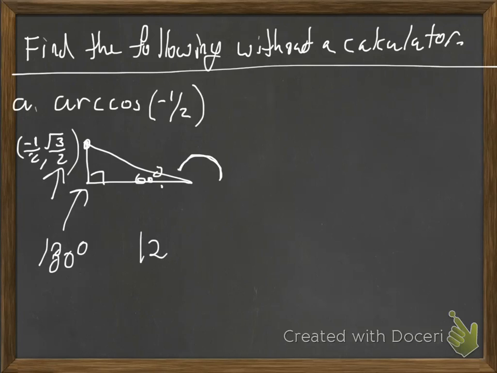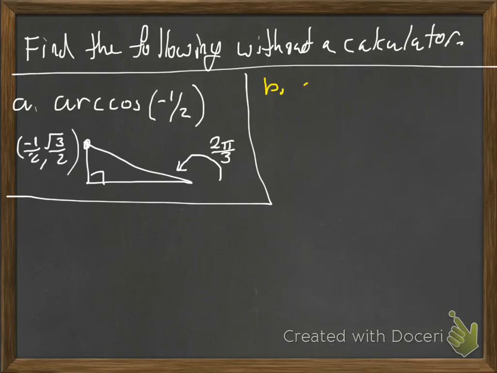So 120 degrees times, remember desired units on top, so conversion is pi over 180. So this will give me 2 pi over 3. So that's what my angle is right there. And if you have your unit circle memorized, that makes this stuff much easier. Okay, so that is going to give me 2 pi over 3, and that's my angle.